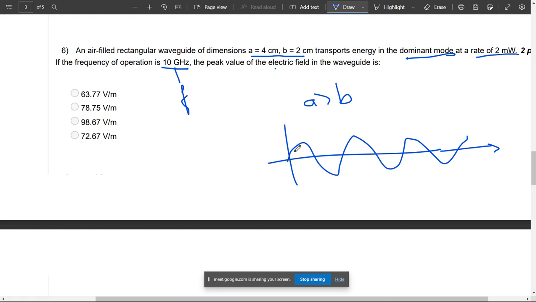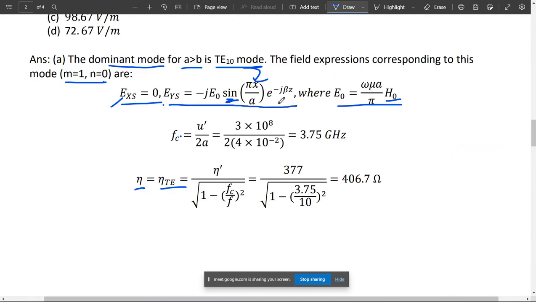This will be the electric field, but the peak value will be equal to E naught, plus E naught, minus E naught. So here we have to find out E naught.